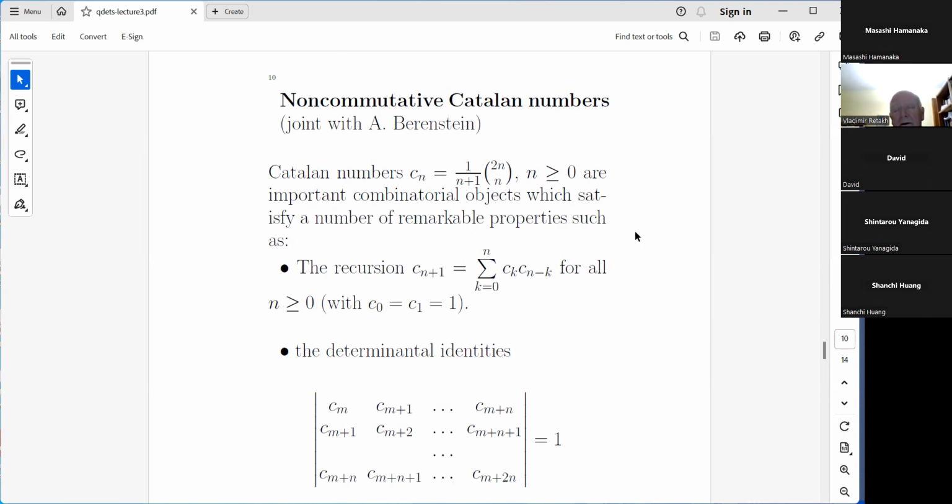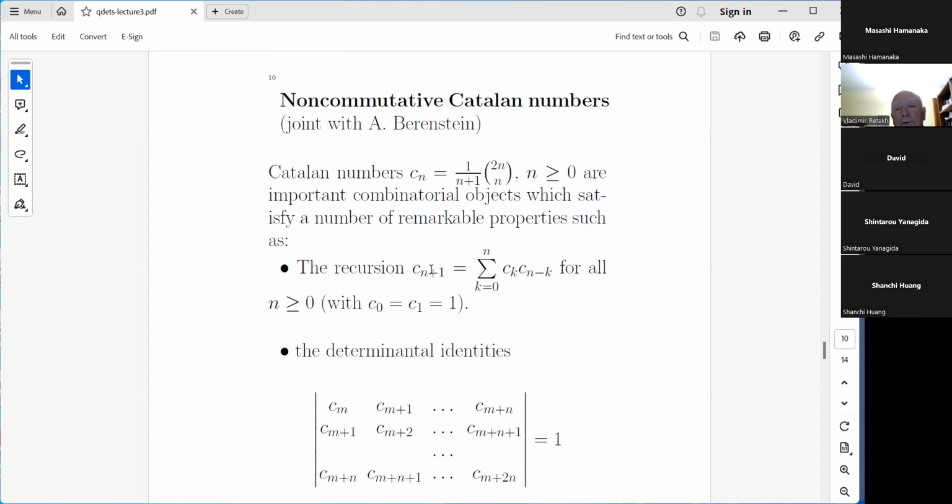They can be compared only with binomial coefficients, and there are at least several hundred equivalent definitions of Catalan numbers. If you just want to use formulas, here is the formula: you consider the binomial coefficient 2n choose n, and you divide this by n plus 1.